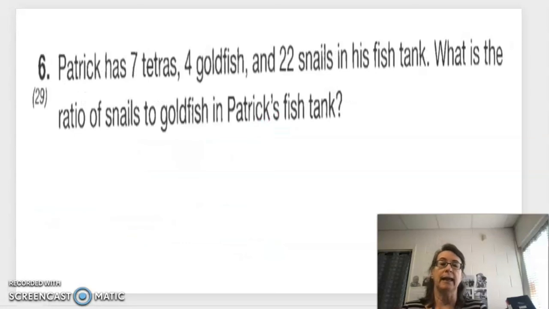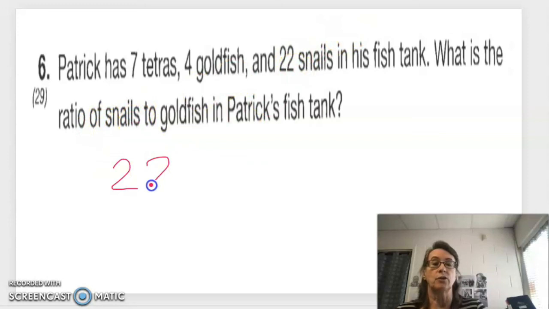Okay, and last problem. Patrick has 7 tetras, 4 goldfish, and 22 snails in his fish tank. What is the ratio of snails to goldfish in Patrick's fish tank? So we have snails is 22 to goldfish, which is 4.